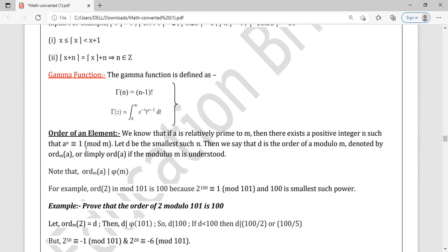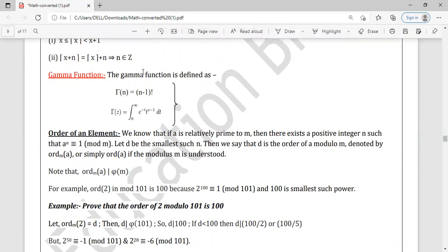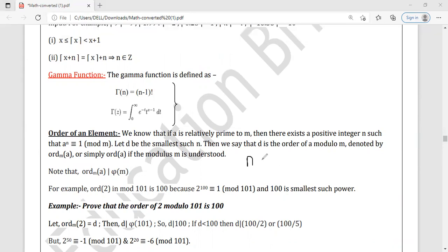It tells you what is the smallest such n such that a to the power n is congruent to 1 mod m. And it tells you that the smallest such n is nothing but n equal to d. n equal to d is the smallest such n such that a to the power n is congruent to 1 mod m.